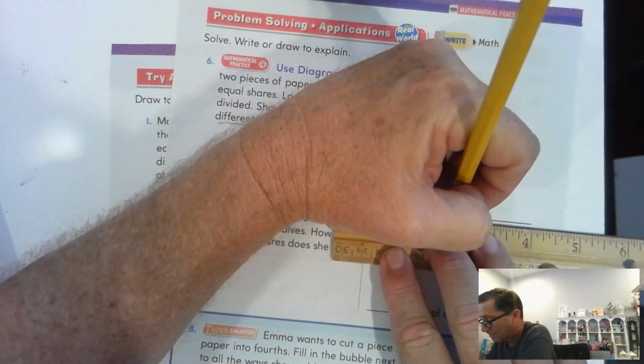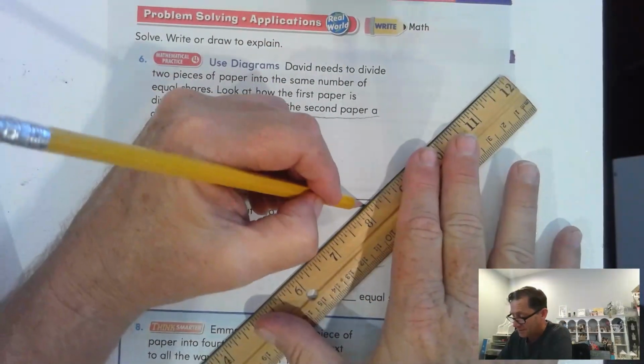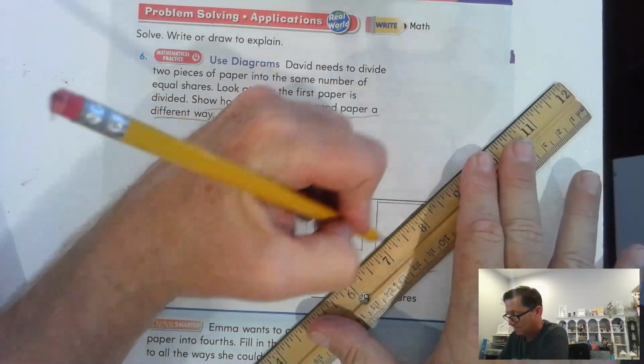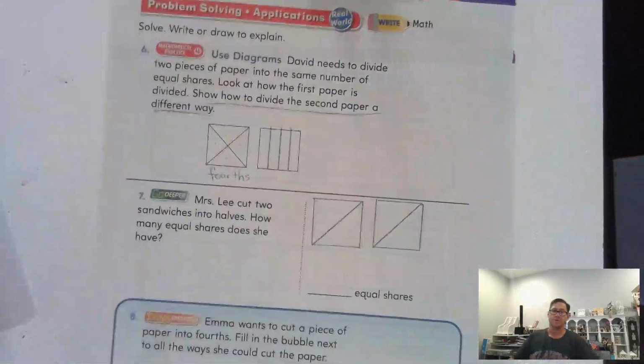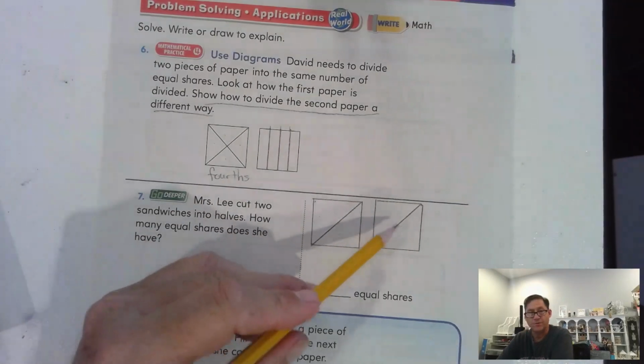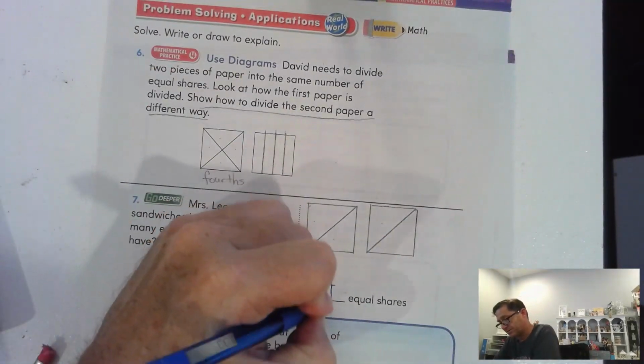All right. So we have our two sandwiches, and we're going to cut them in halves, each in half. So there's our two halves. So how many equal shares does she have? 1, 2, 3, 4. 4 equal shares.